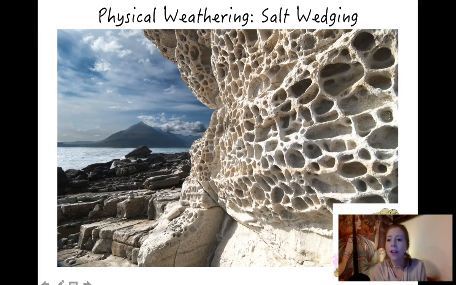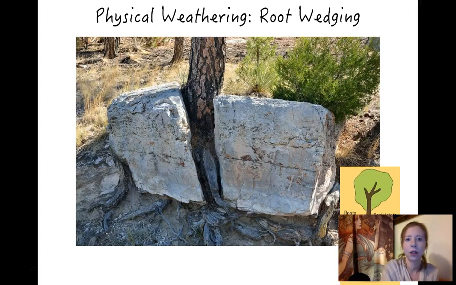Next, we have salt wedging, which is very similar to our frost wedging. So we get salt crystal growth inside cracks, and that also breaks the cracks open, pushes them further apart.